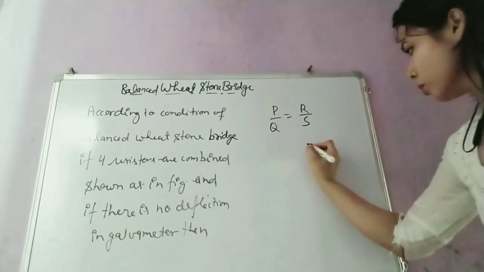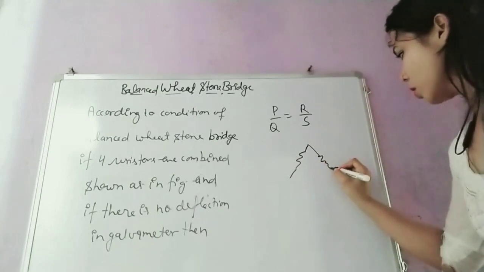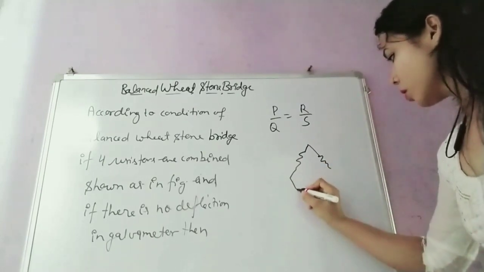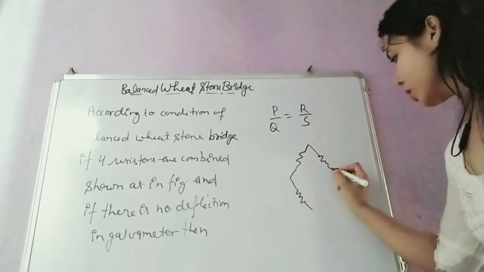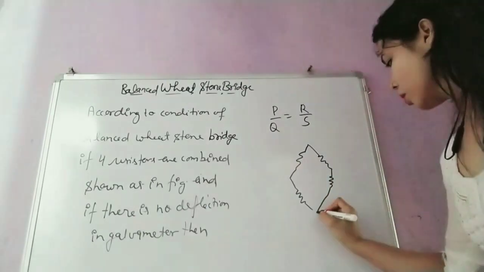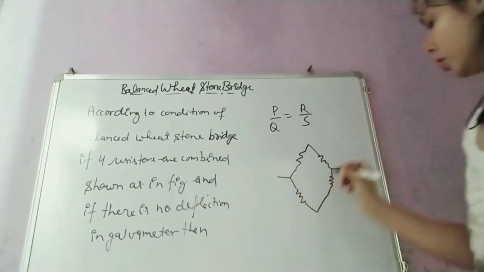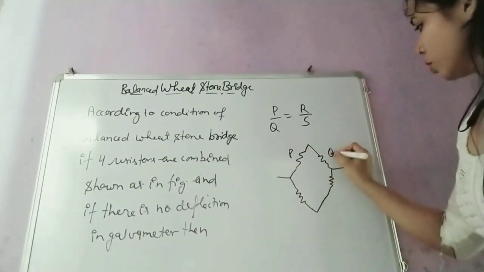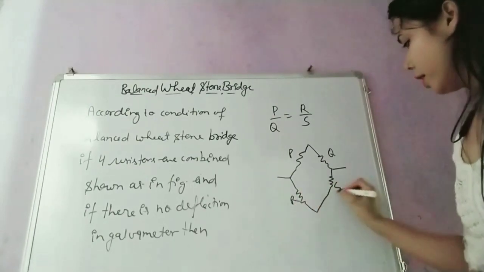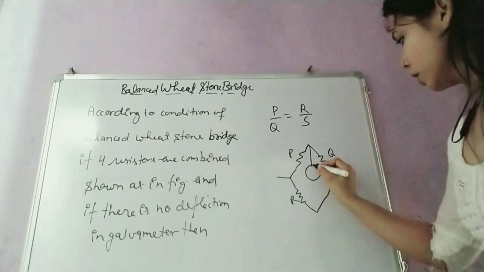I'll draw the diagram also. I know my drawing is very poor. So now see, this is P, Q, R and S. One galvanometer is connected here.